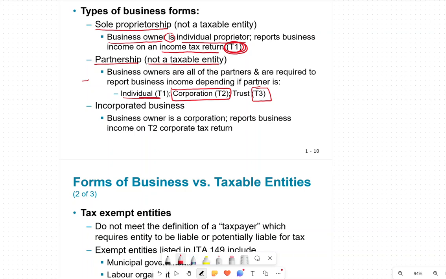Volume 1 of your income taxes is all about personal taxes, which is your T1. But if you incorporate your business, then you have to file a T2 and report your income on it.